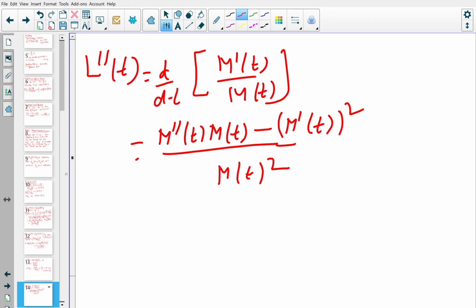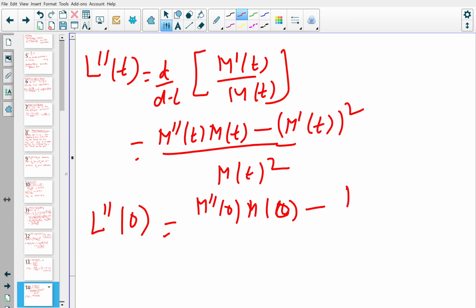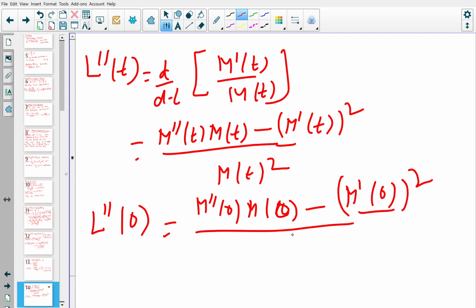If you compute L double dash of 0, you see this is a nice quantity, because it gives you m double dash of 0 times m 0 minus m dash of 0 whole square, which is your mean, which is already 0, over m 0 whole square, right? So m double dash of 0 is the second moment, and m 0 is 1, and m dash of 0 is mu, which is already 0, so the denominator is 1 whole square.